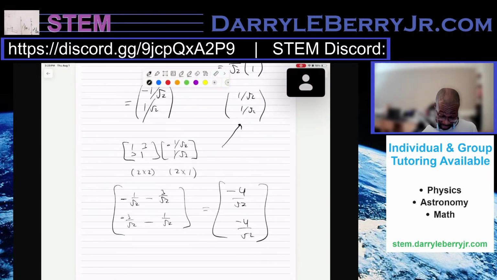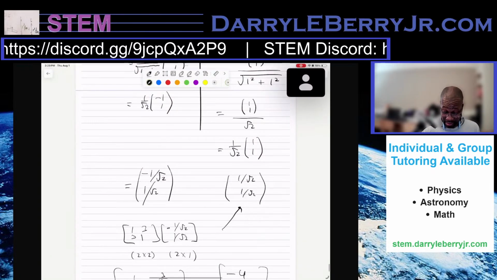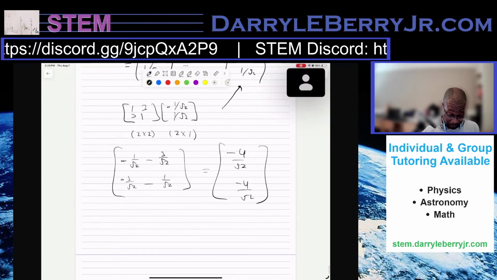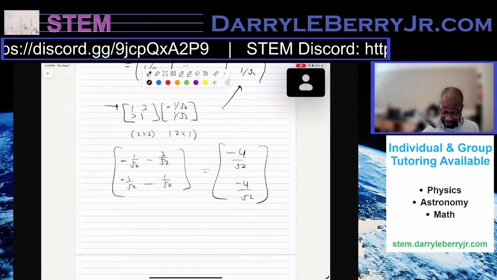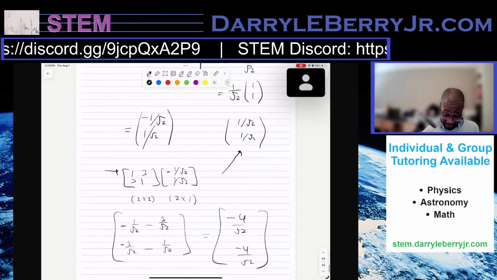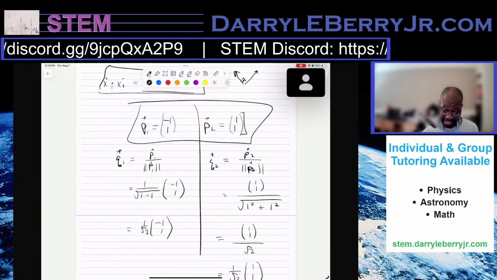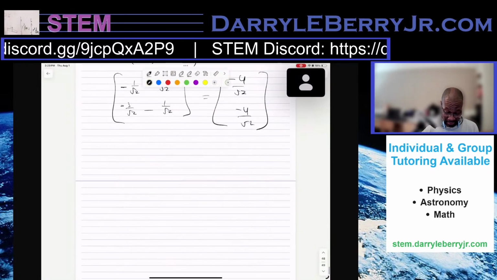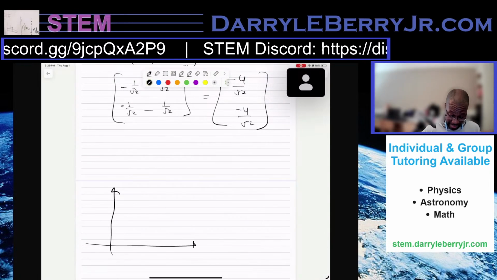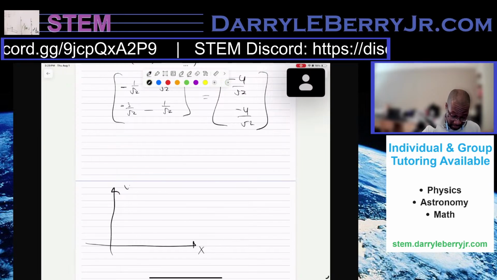Yeah, yeah. So in other words, A is in R2. So what this means is these two vectors, P1 and P2, span the whole space. So let's say this R2 space was our XY plane.